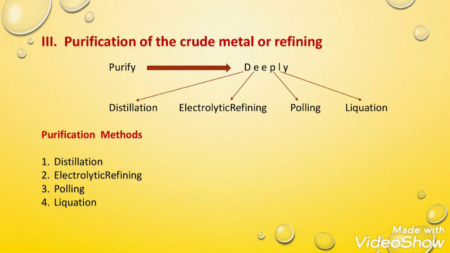The word deeply gives the 4 methods. If you observe the slide, you can understand easily. D gives distillation, E for electrolytic refining, P for poling, L for liquefaction.